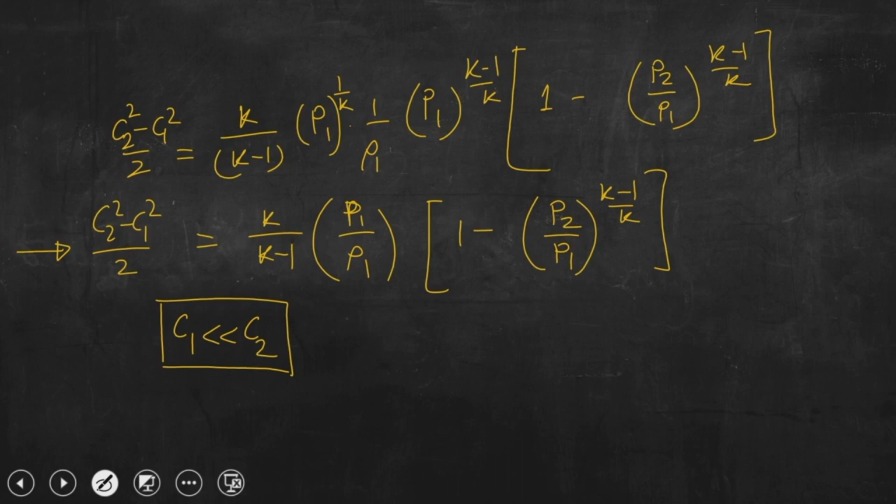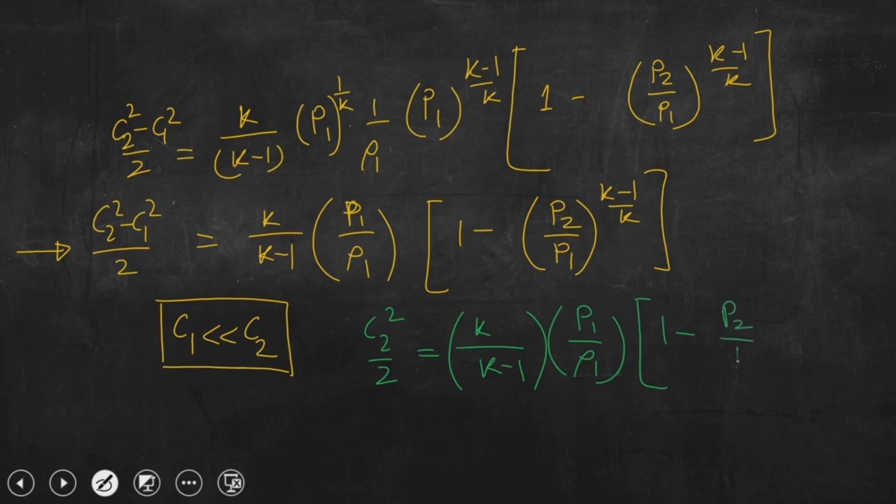If that is the case, we can write this expression that C2 square by 2 equal to k by k minus 1 into P1 by rho 1 into 1 minus P2 by P1 to the power k minus 1 upon k.